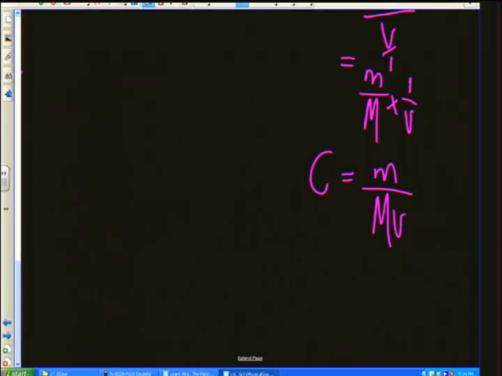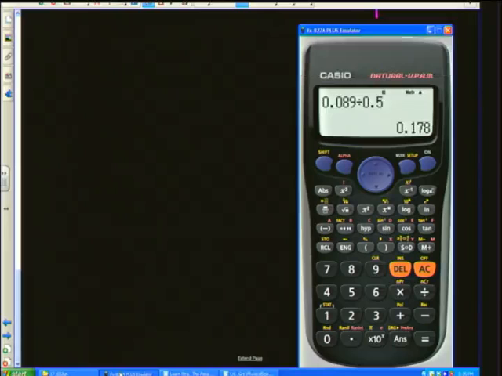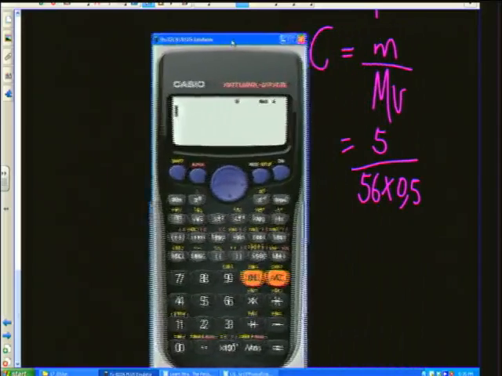You can quickly substitute there: that was 5 grams divided by 56 times the volume, 0.5. It was 500 cubic centimeters, so it's 0.5. You can see that should work out to exactly the same answer that we got.